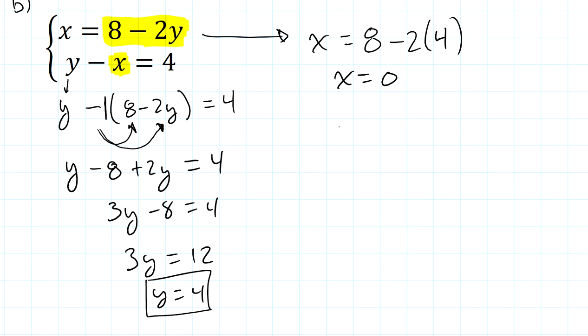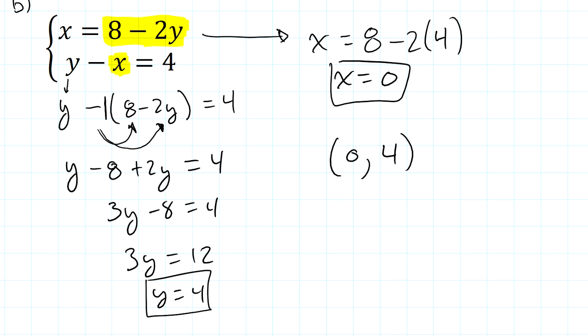So let's check this and see if it works. Let me write the answer as an ordered pair. Right, here's my x and then my y. x, y, x is 0, y is 4. And if I plug that into the top equation, let's see, well, yeah, right?